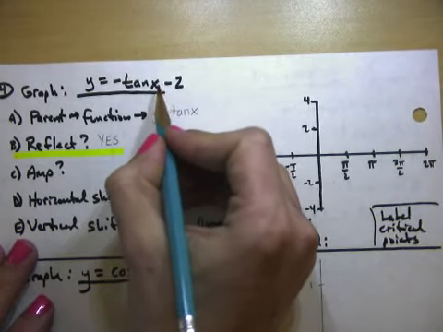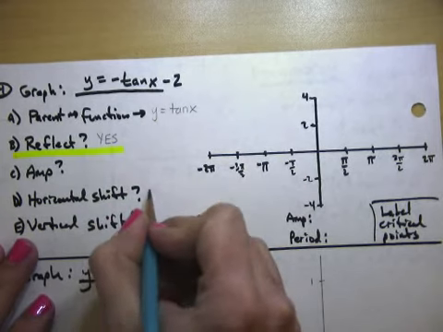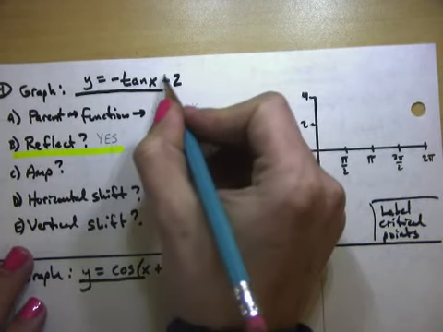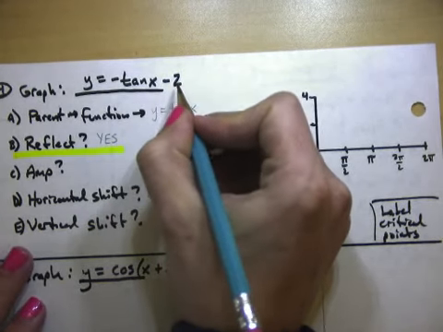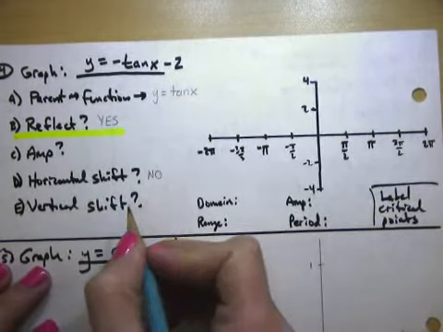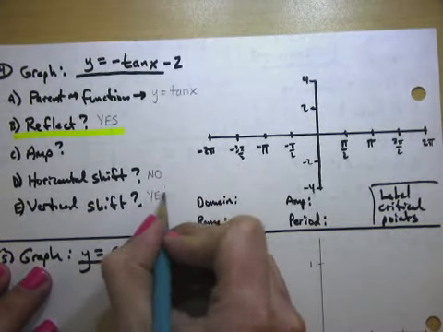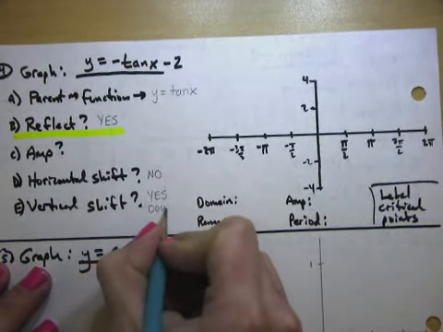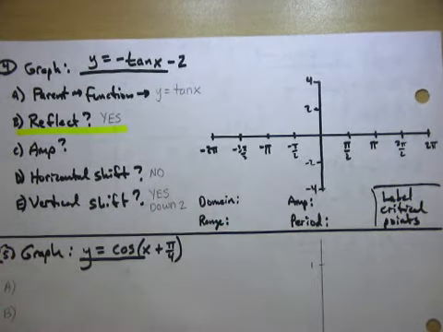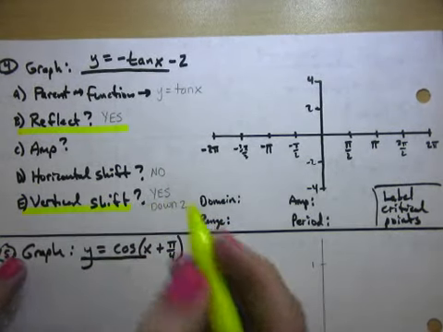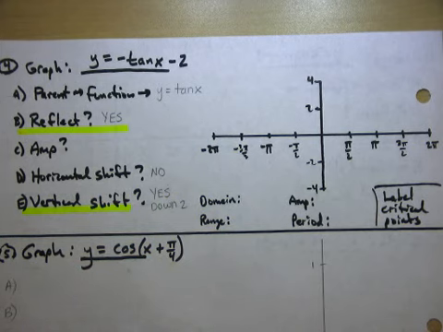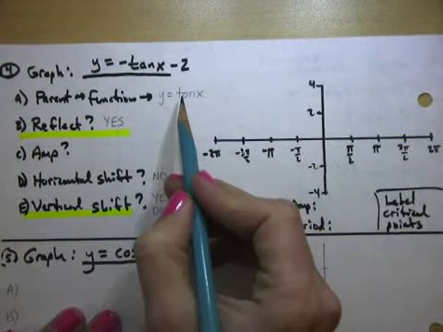No, that would be within the parentheses on x, so there's no horizontal shift. But we do see here this negative 2 is our k value, which is going to drop our whole graph down 2. So yes, there was a vertical shift down 2 units. So it looks like we only have 2 transformations to perform on our parent function.